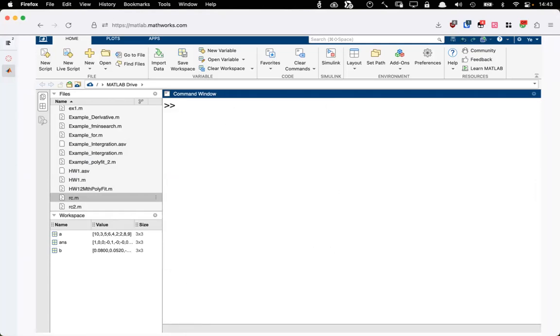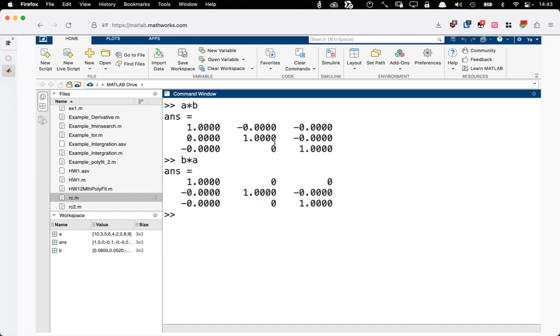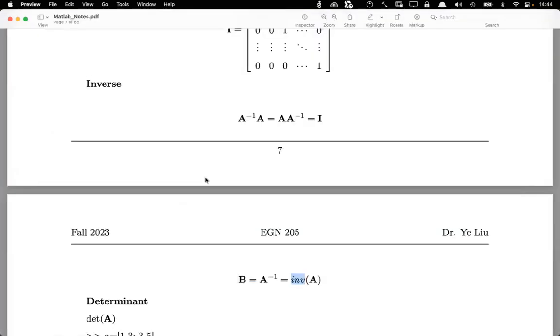Similarly, A times B just gives the identity matrix. 1, 1, 1, other elements are zeros. Here, minus 0 is still 0. This is because of the algorithm, this number is just close to 0. So this is inverse.